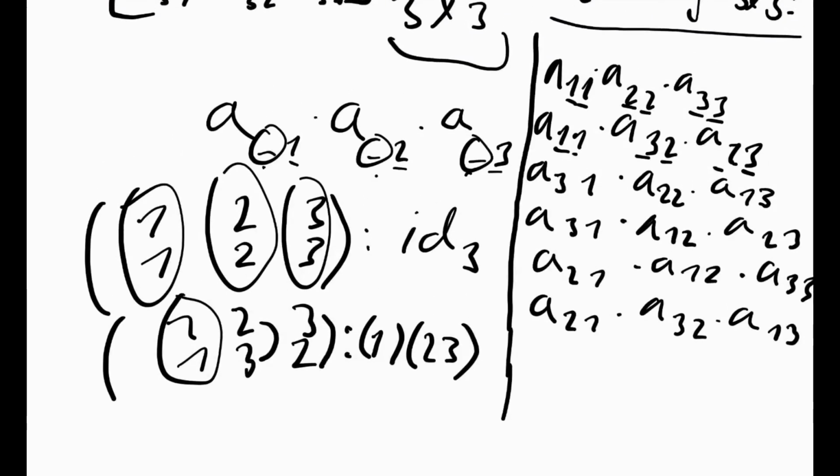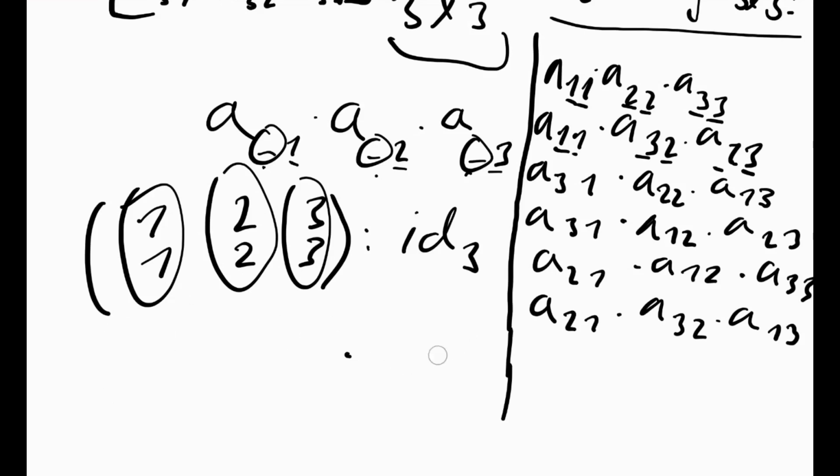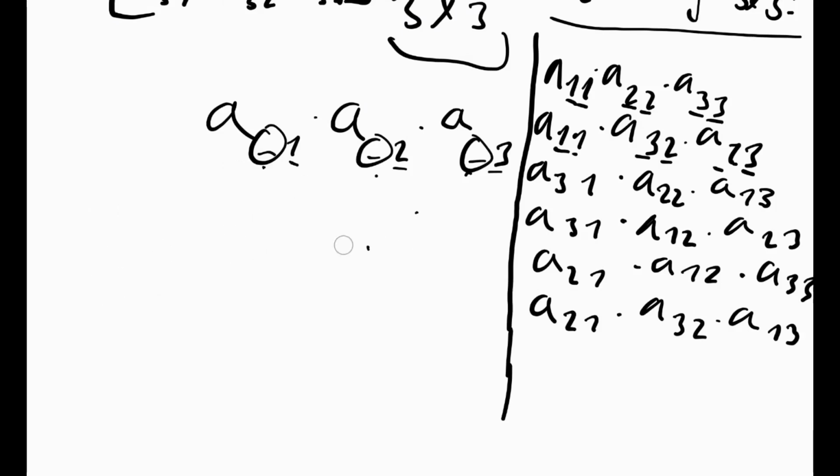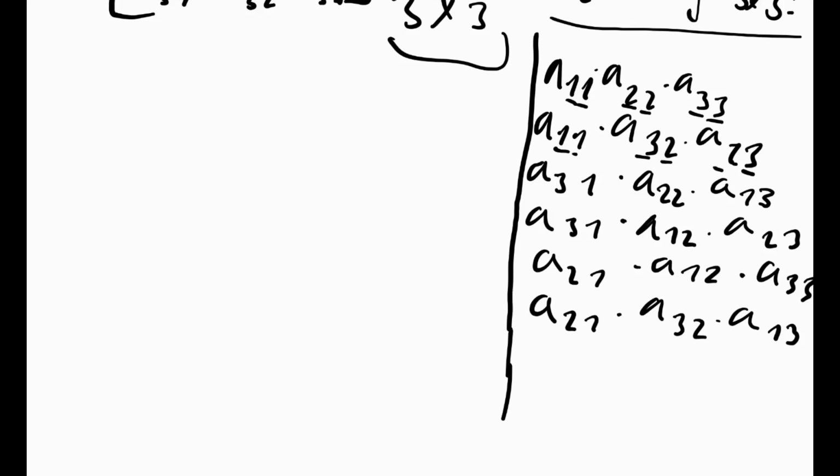And we don't have that much space. So instead of doing this again and again, let's try to write it on the left side, and write out the permutations that correspond to each of these products we wrote out. So each product will have its own permutation. This one has the identity permutation, no change.